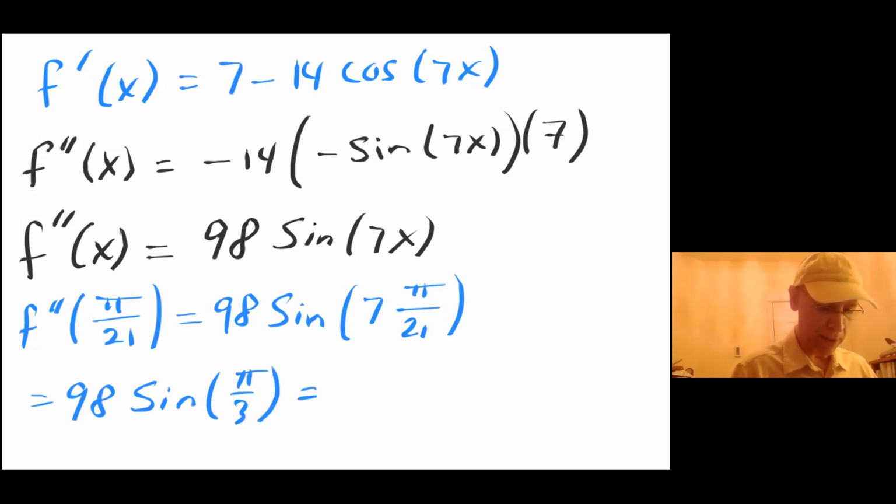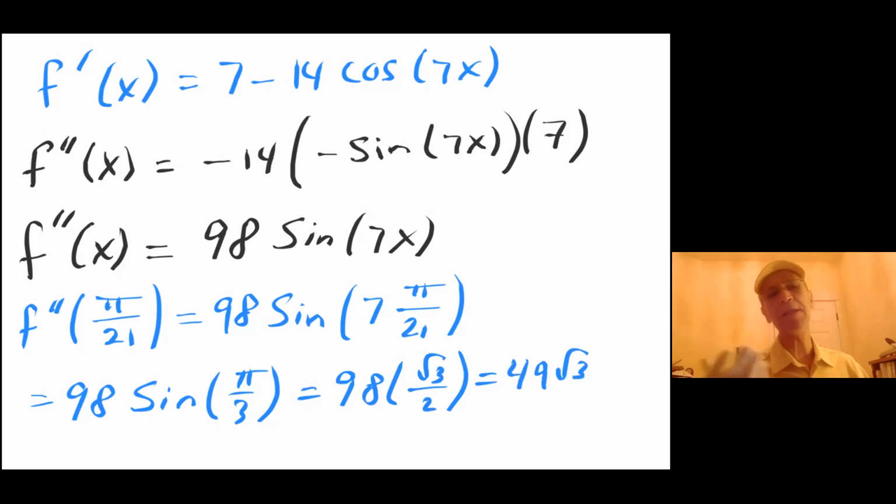Sine of pi over 3 is root 3 over 2, and that gives me 49 root 3, but it is positive. If the second derivative is positive, that part of the graph is concave up and it points to the minimum. So that doesn't do me any good. Let me go to the next page.